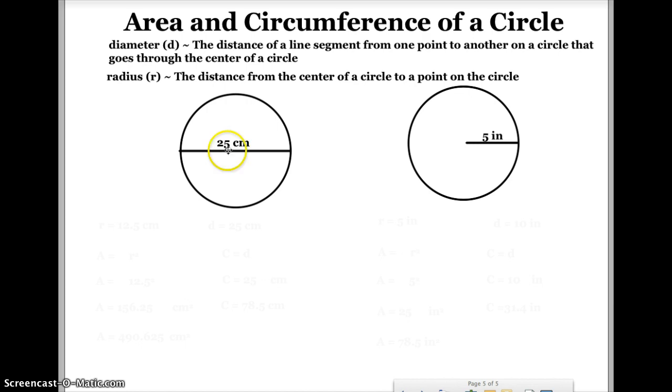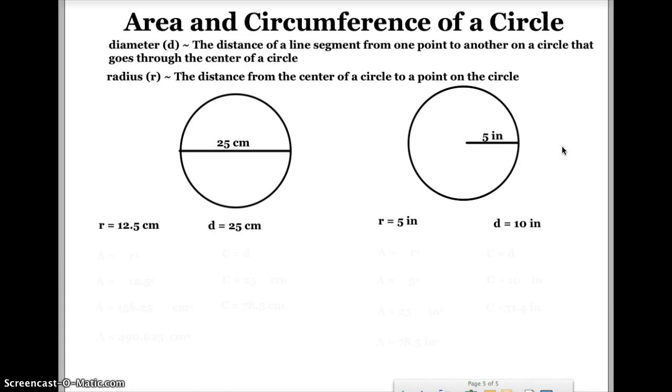So in this problem, my radius is going to be half of 25, or 12.5 centimeters, and my diameter is going to be 25 centimeters. In this circle over here, my radius is going to be 5 inches, and my diameter will be all the way across a circle, or 10 inches.